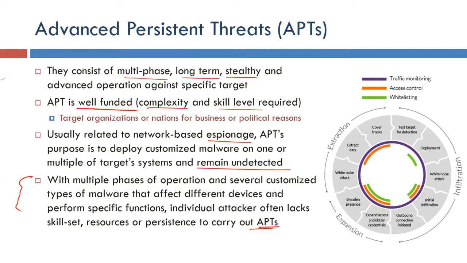Expand means that you try to move from one computer to another, add more computers to your network, or transfer that malware into other computers. When you reach the level of access that you need, you start extracting information and sending it back to the APT hackers. So you infiltrate first and then expand, which is like lateral movement, propagating along the different computers in the organization, and then you extract information after that.